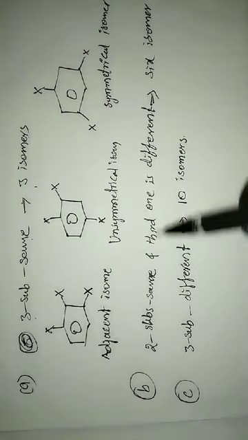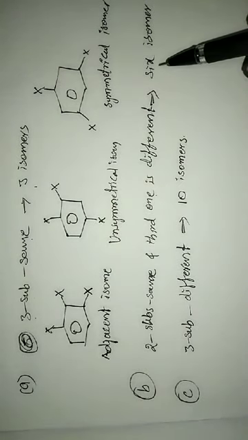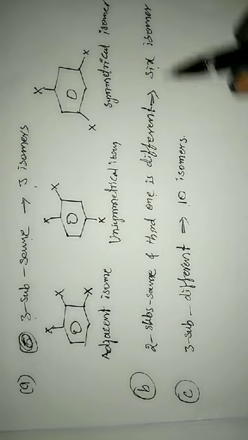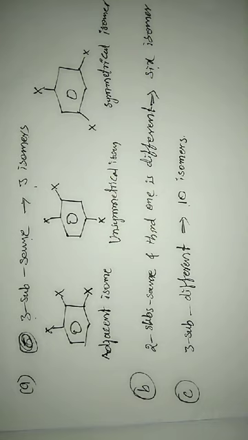If two groups are the same and the third one is different, that produces 6 isomers. When three groups are different, that produces 10 isomers. Here there is no need to write all these isomers. You need to remember just the number of possible isomers for a particular substituted benzene. This is about isomerism in benzene.